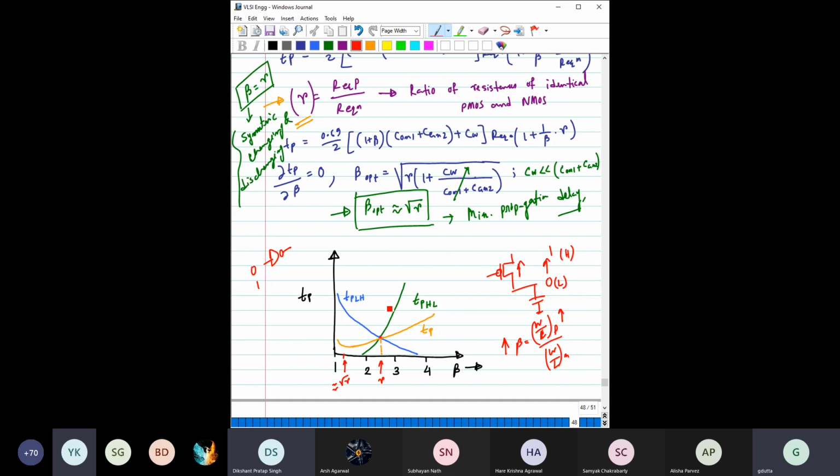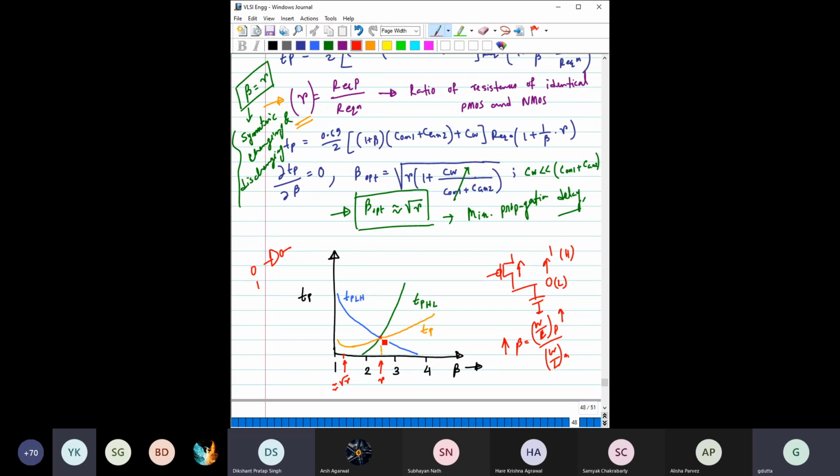Then you have to always keep in mind that TPLH is this and TPHL is this value. But rather, if you define TP or propagation delay as the average, and in your design you also try to maintain that TPHL is equal to TPLH, then that problem is somewhat solved.